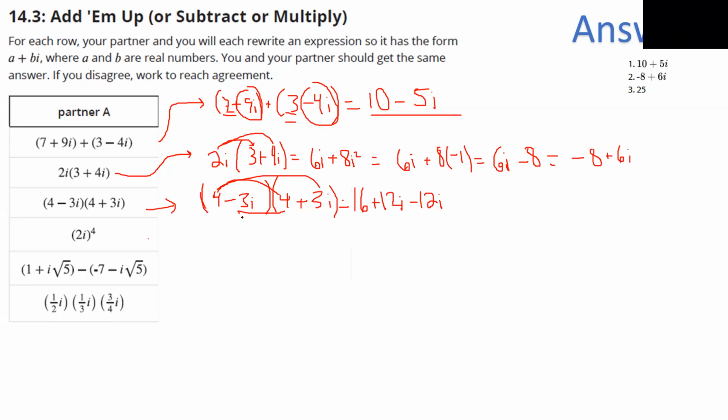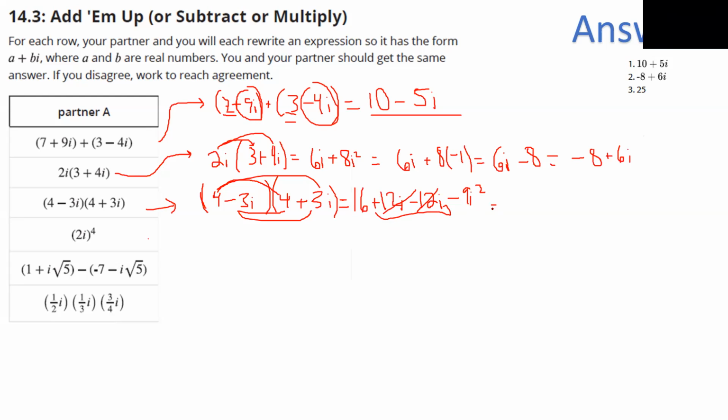And finally, negative 3i times 3i is equal to negative 9i squared. Okay, so now here we can simplify like terms. We know that a 12i minus a 12i, these terms right here, since they're the same but opposite numbers from each other, those will become 0.